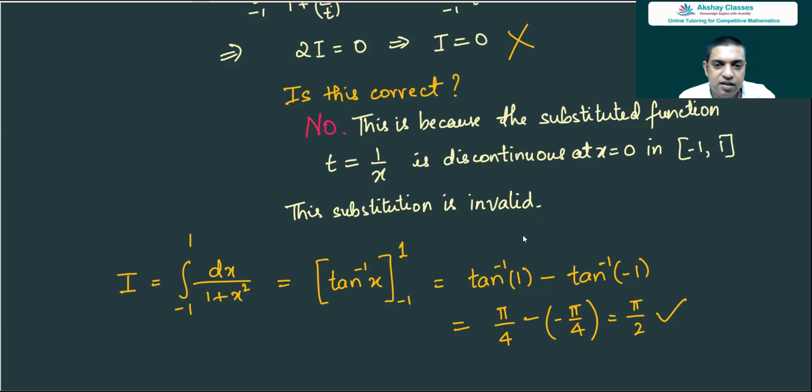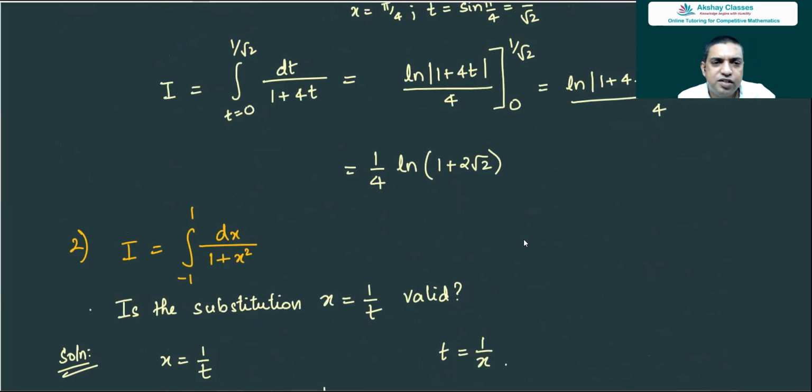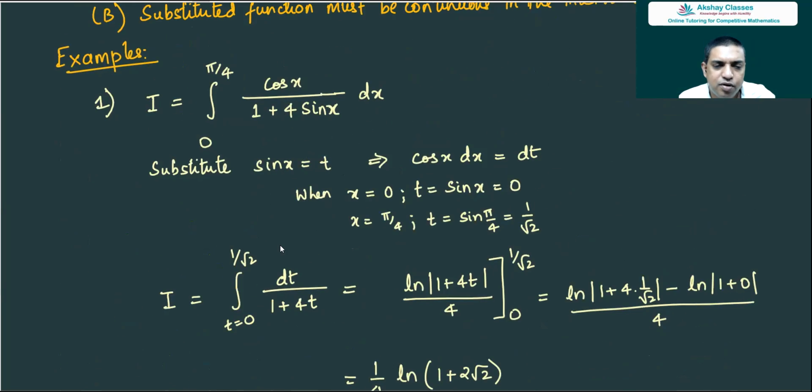In integrals, we need to be very careful of the substitution. Two points here, very important. First point, when we are substituting, we should ensure that the limits of integrals also change according to the new variable.